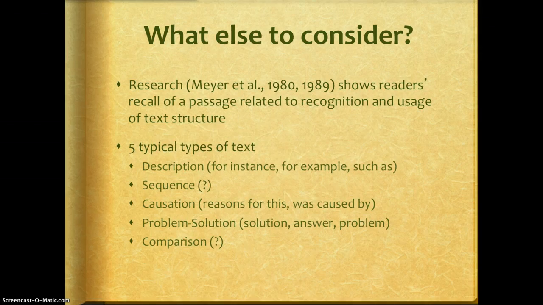When we're talking about description texts, we see often words such as for instance or for example or such as. What kind of words might you see with sequence? Sure, first, next, finally. Causation, we might see cue words such as was caused by or reasons for this. Problem and solution, we would see problem, answer, solution.